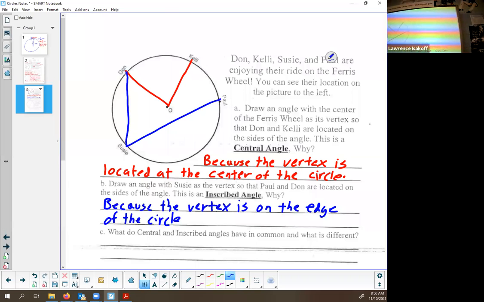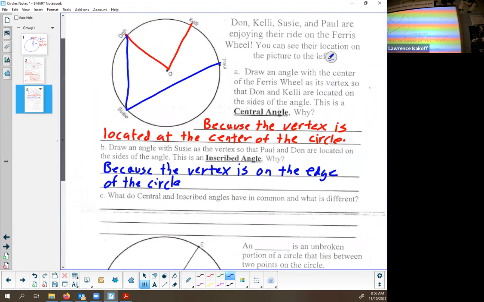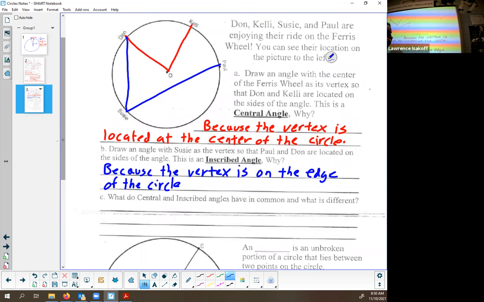So looking at these two angles, we have that central angle in red, and inscribed angle in blue. What do you notice is similar between them? Any similarities between these angles? I notice they're both inside the circle, right? But their vertexes are located at different places. So what do they have in common?